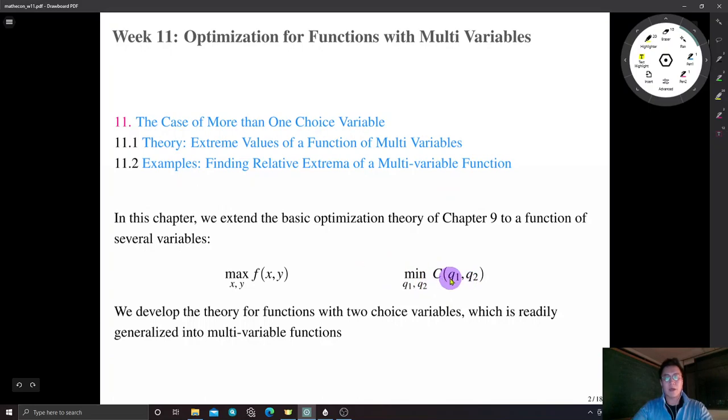Why we should be able to deal with this kind of optimization problem, when the function depends on several variables. Think about conglomerates. Such a firm produces not just a single product, but several different products.